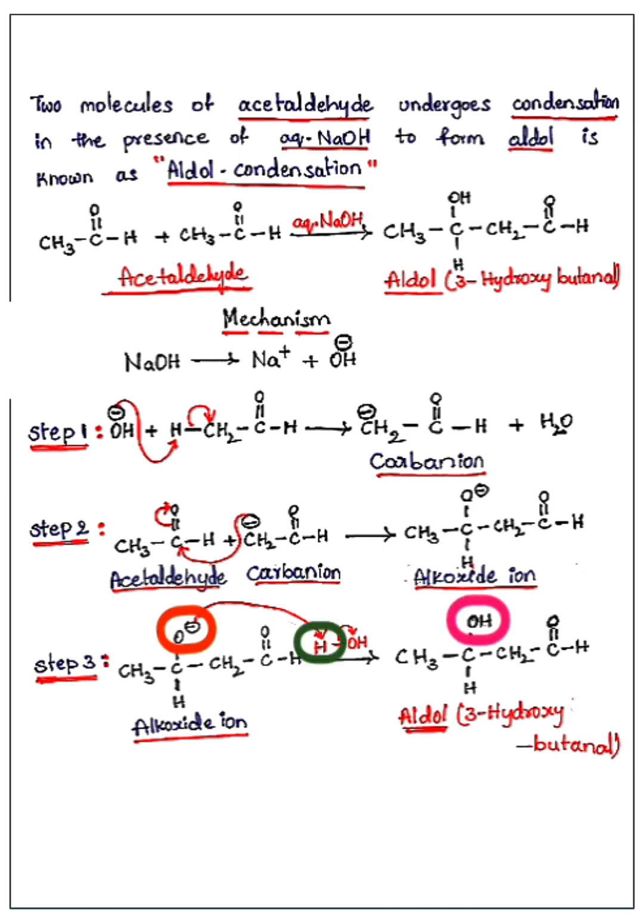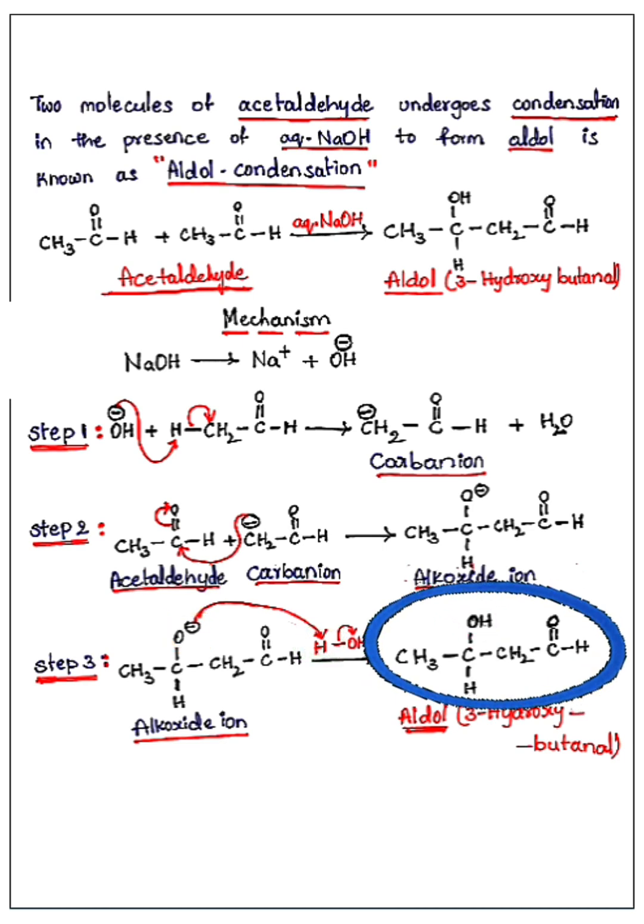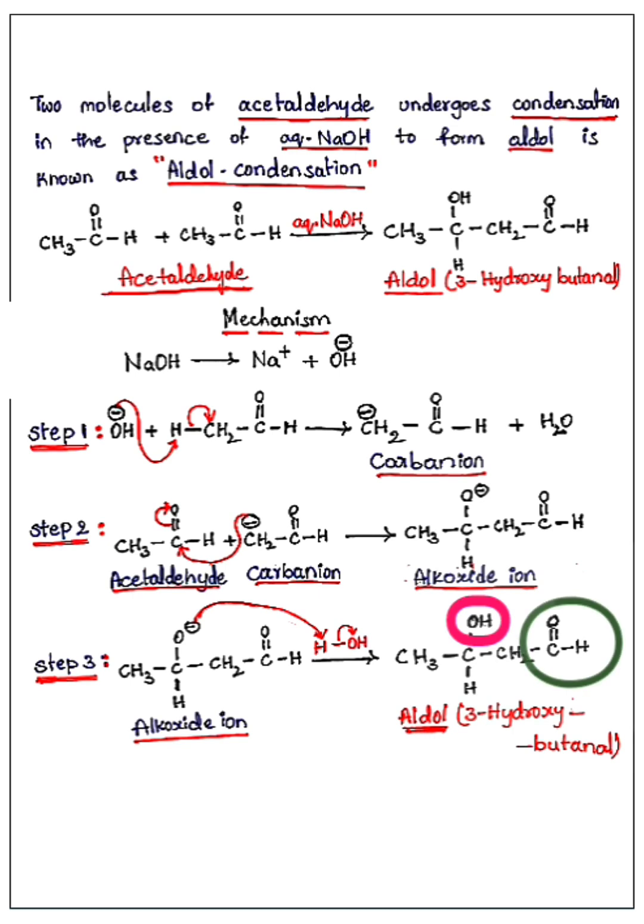If you observe this compound, it consists of both OH and CHO functional groups. Hence it is called aldol. ALD means aldehyde group and OL means hydroxy group, that is, alcohol group.